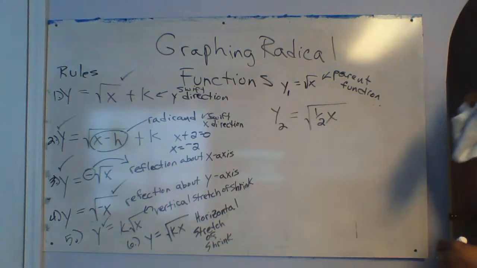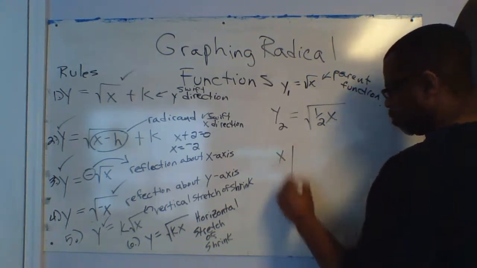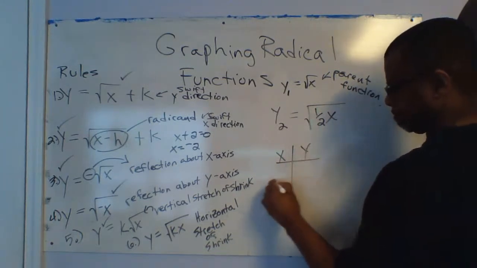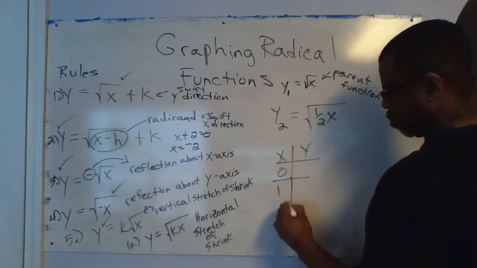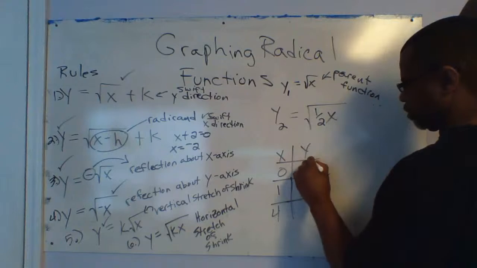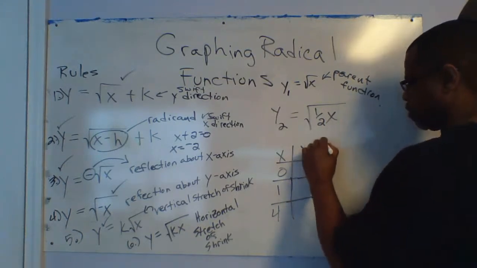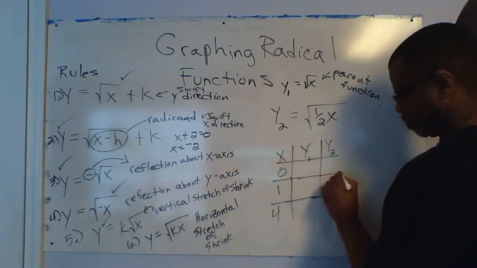You with me? Okay, so what we want to do, we're gonna come here again. We're gonna pick some points. So we're gonna do 0, and we're gonna do 1, and we're gonna do 4. Just those 3 points. This is the parent function. This is going to be our shift.